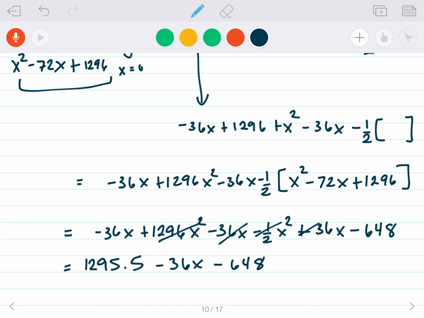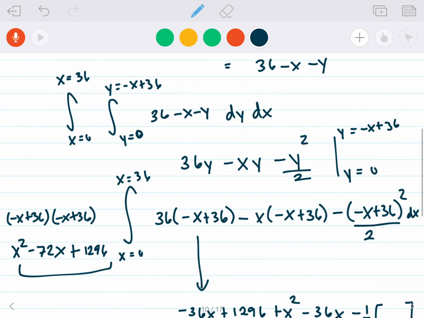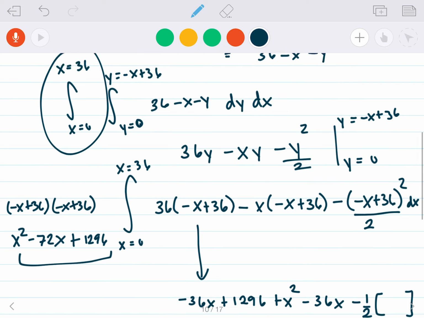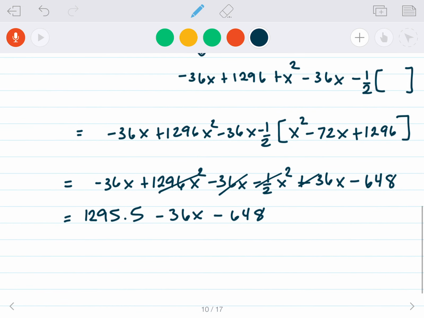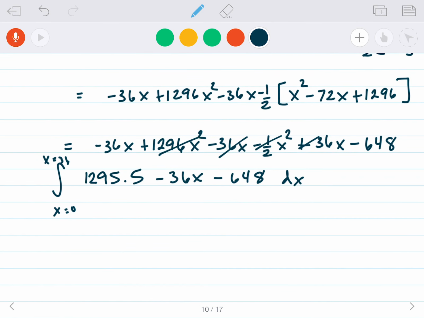Alright, excellent. So now that that's out of the way, let's go ahead and do this with respect to x finally. So we're going from 0 to 36. And let's integrate this. Oh, I could have combined these, huh? Let's do that.